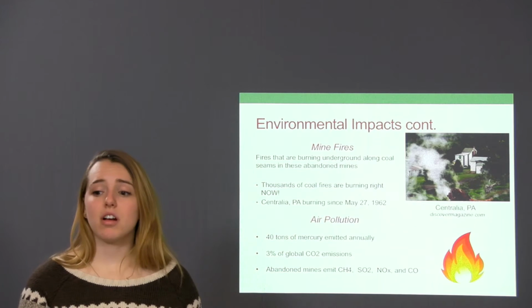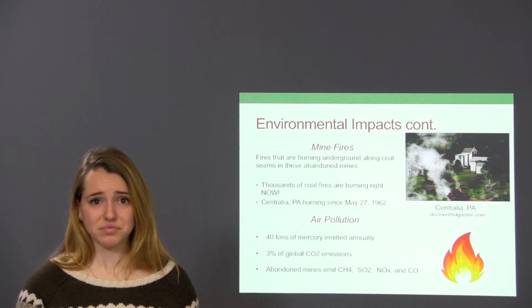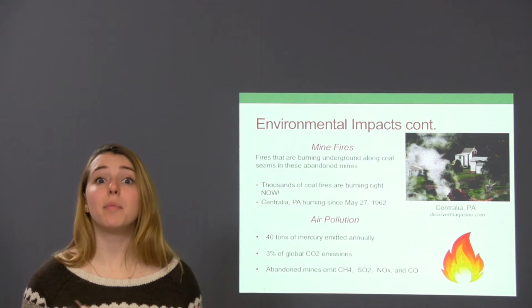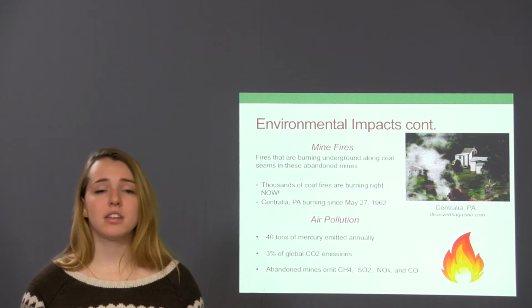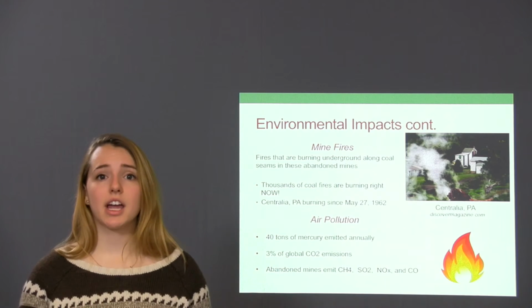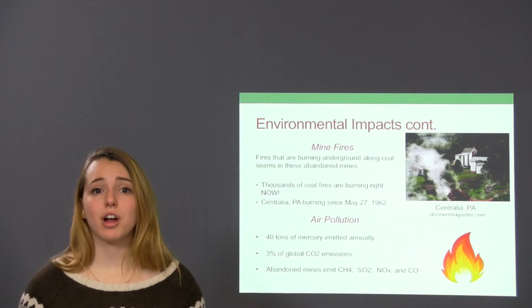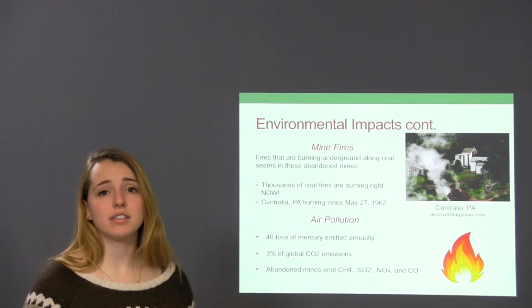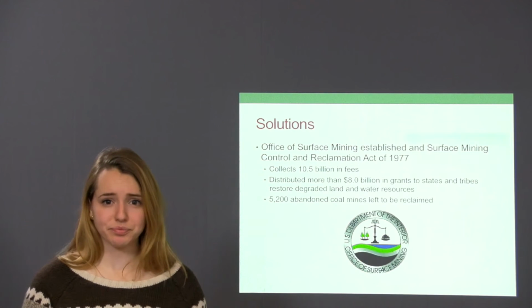Within them there are a lot of emissions such as methane, sulfur dioxide, nitrogen dioxide, and carbon monoxide, and these can seep out of the coal mines and into our atmosphere.